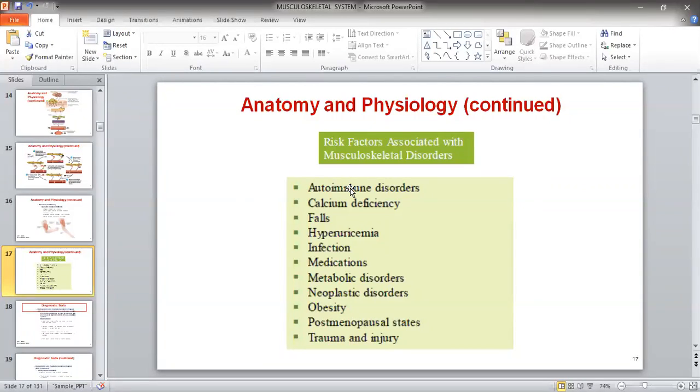Some bone cancer like neoplasia, also risk factor for musculoskeletal system. Obesity rapid up the osteoporosis, and some hormone also causes the osteoporosis, or most important, the trauma or injuries causes the musculoskeletal problem as well.